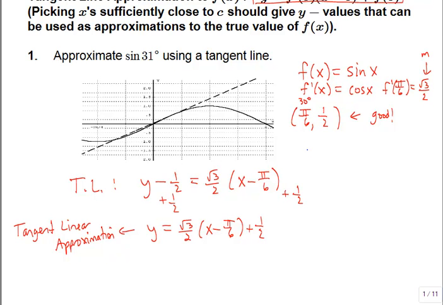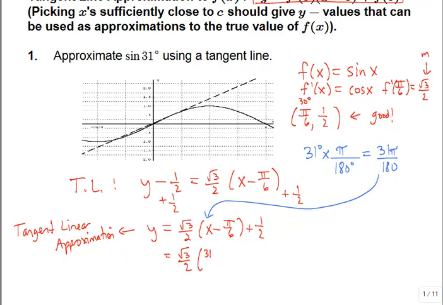So 31 degrees, doing a little conversion, there's 180 degrees in pi radians. So this is 31 pi over 180. So that's the x value that I am going to plug in to this linear approximation right here. So we're going to figure out what this tangent line would be at this point, 31 pi over 180.